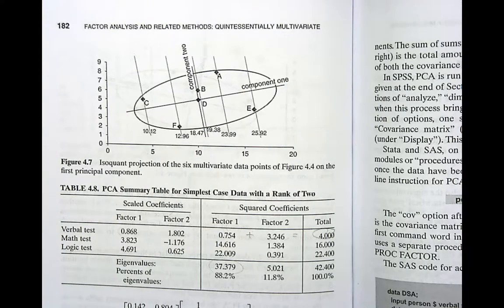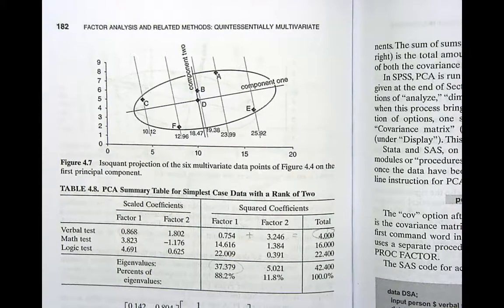Now, the reason the row and column totals are equivalent to the variances of the three variables and the eigenvalues of the two components respectively is because we created data that fit the two-component PCA model perfectly, or in other words, we had data with a rank of 2. And I mentioned this in the last couple of videos.